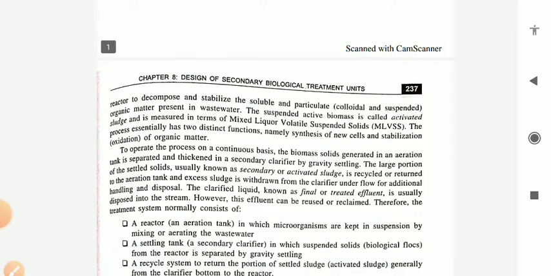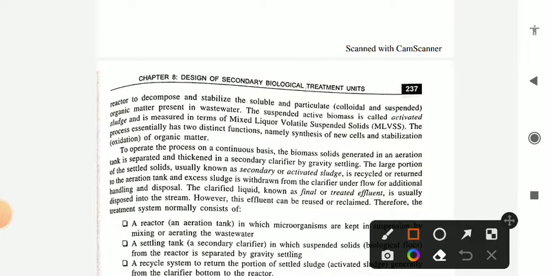The suspended active biomass is called activated sludge. Activated sludge means the suspended biomass. That is the simple definition of activated sludge.